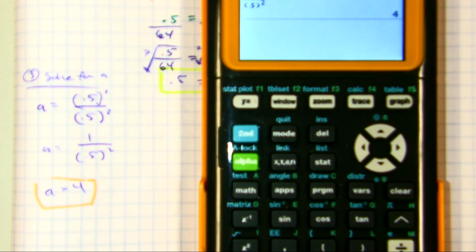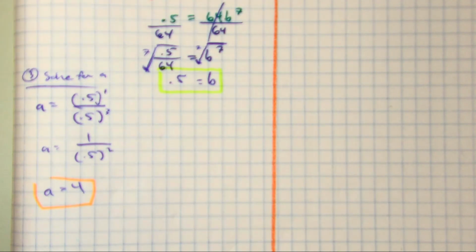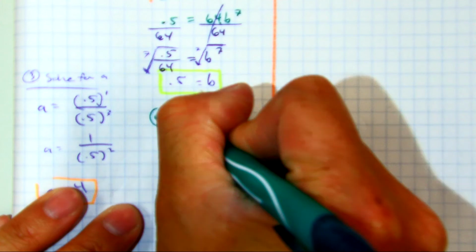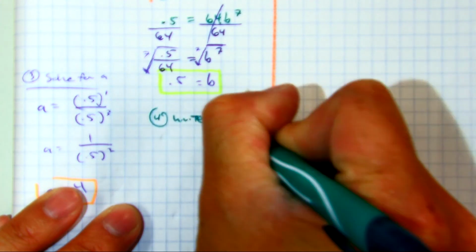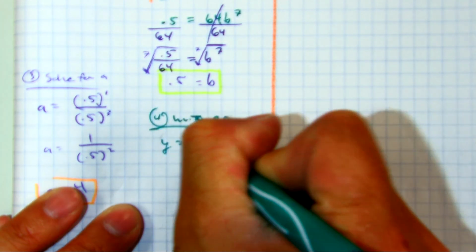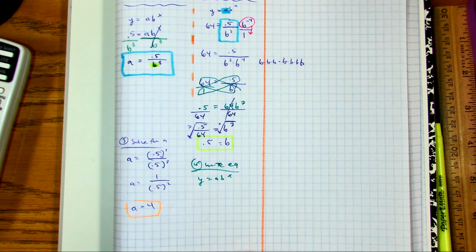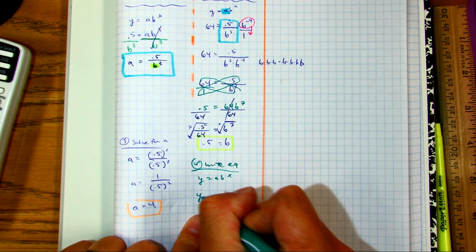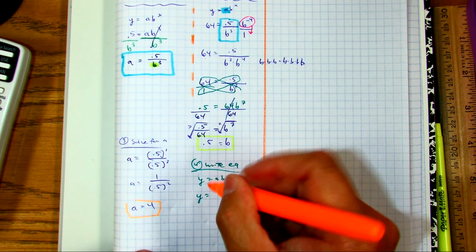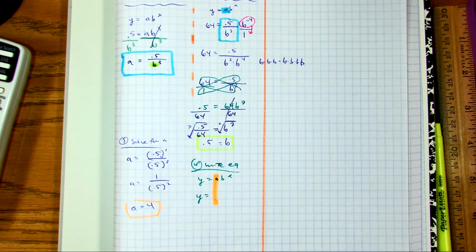And then we're just going to write an equation. Y equals AB to the x power. My A value is 4. My B value? 0.5.